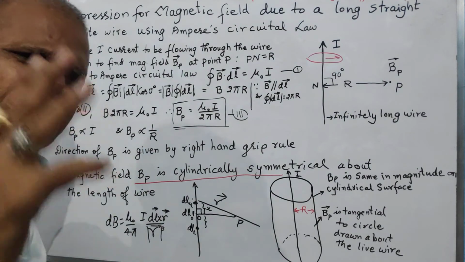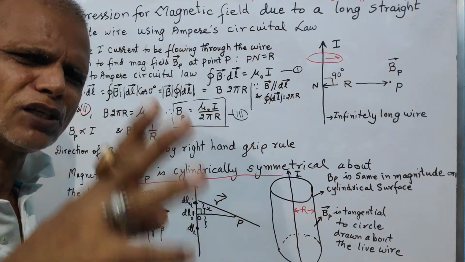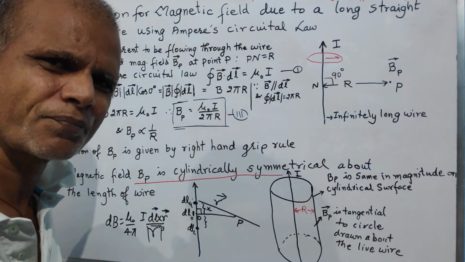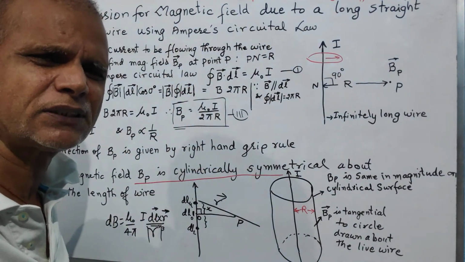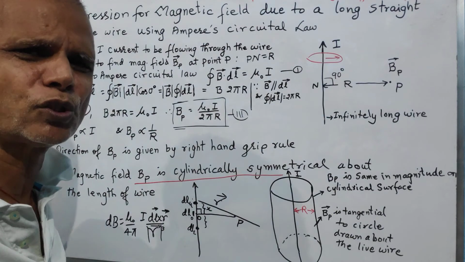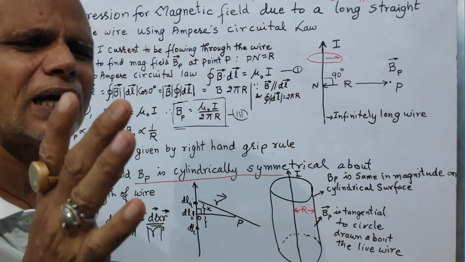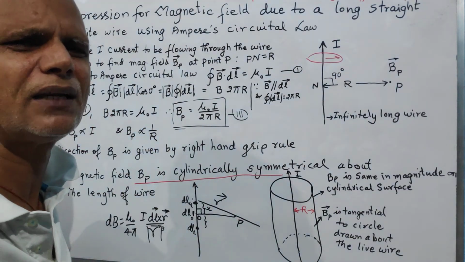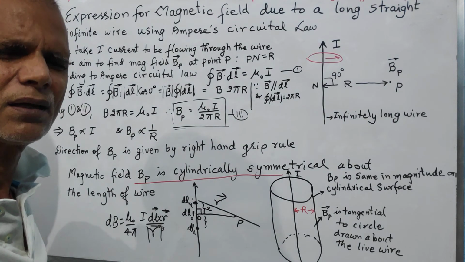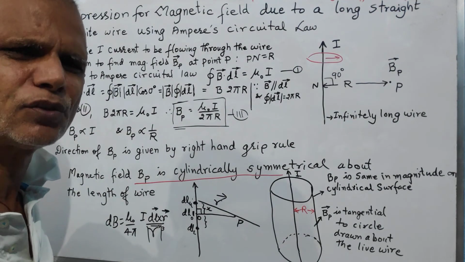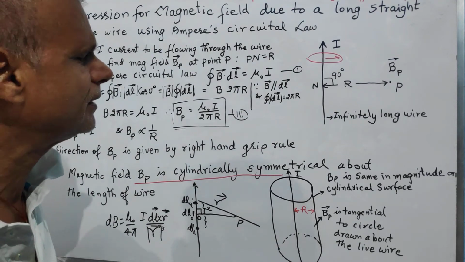Biot-Savart law is the fundamental approach towards finding the magnetic field. Similarly, Coulomb's law for electrostatics is the fundamental approach towards finding the electrical force acting between the charges, meaning finding the electric field, of course, force per unit charge is electric field.